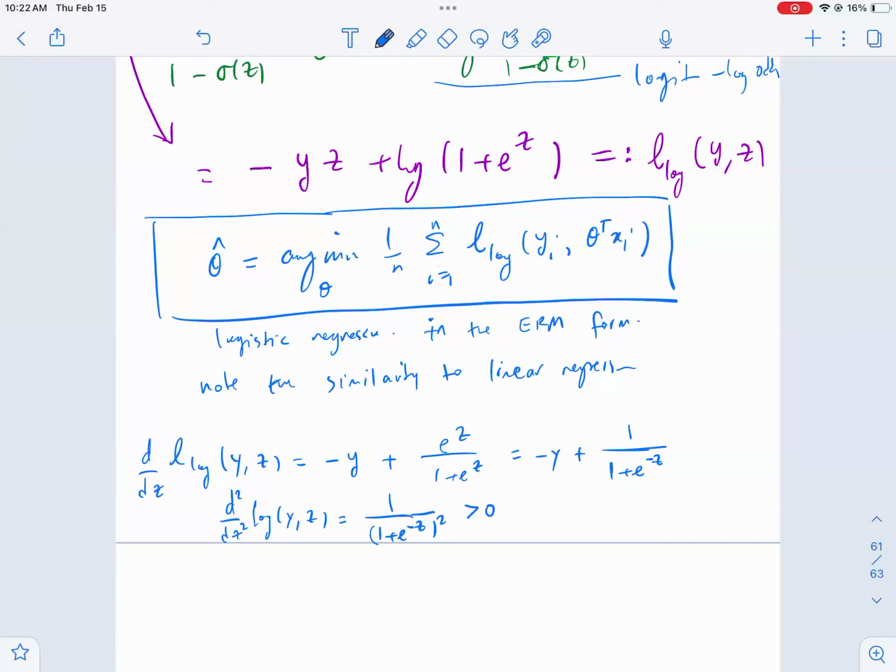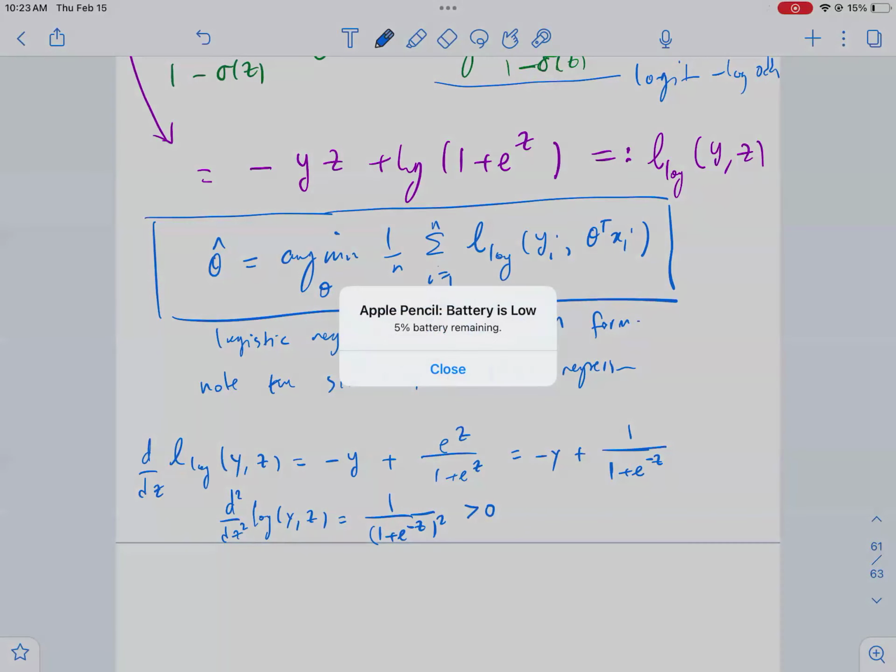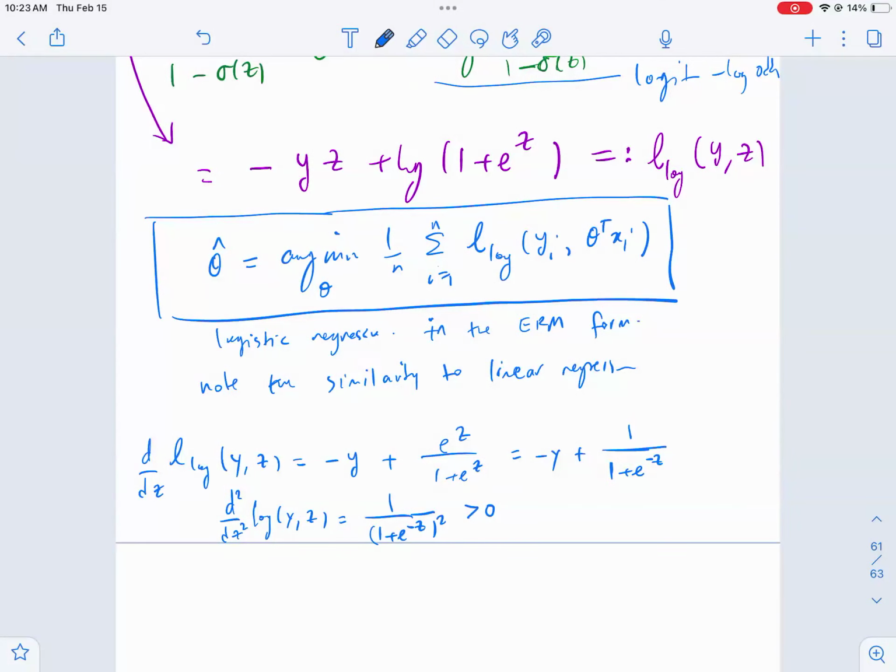It's just that this potentially has a very flat part, because as z goes to infinity, e to the z dominates, and the second term would be very similar to a linear term. But as you approach negative infinity, it's also going to be linear. But it's tricky, so we'll see.